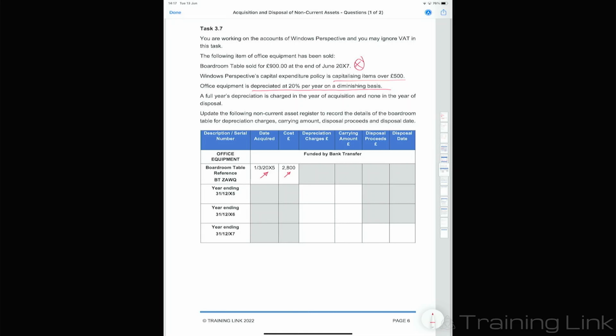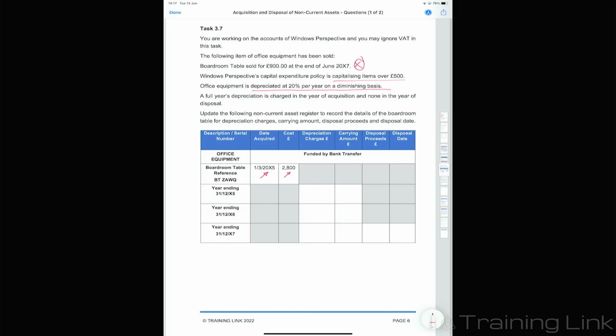Okay, what you'll notice in a difference between the two is straight line method is always the same charge each year. Diminishing basis, it will have a higher charge in the earlier years, but then it will gradually become less and less as the years go on.